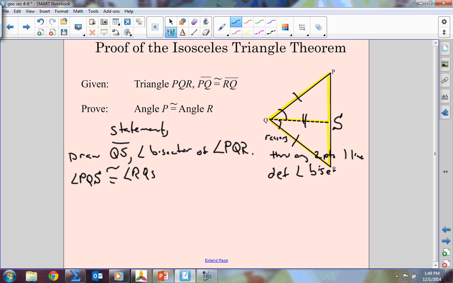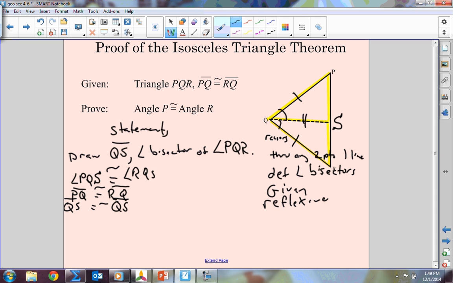They form congruent angles. I know that PQ is congruent to RQ. They were nice enough to tell me that. And of course, QS is congruent to itself. It has to be the exact same size as itself.